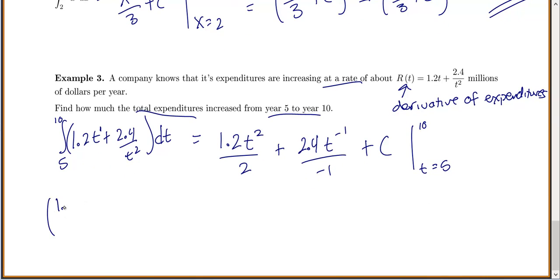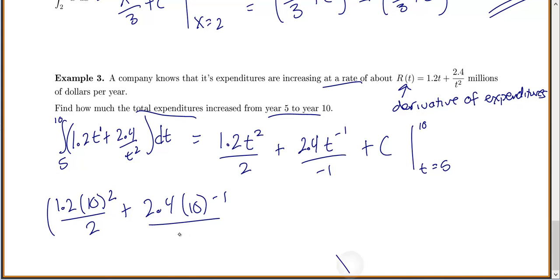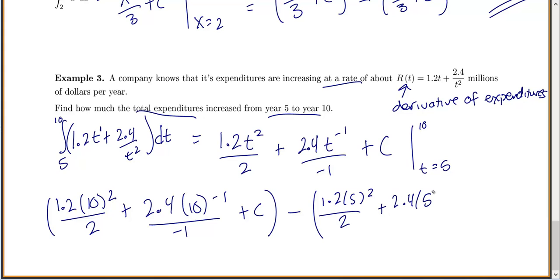So we're going to have 1.2 times 10 squared, we always do the top first, over 2, plus 2.4 times 10 to the negative 1 over negative 1, plus c, minus, now we plug in the 5, so 1.2 times 5 squared over 2, plus 2.4 times 5 to the negative 1 over negative 1, plus c.